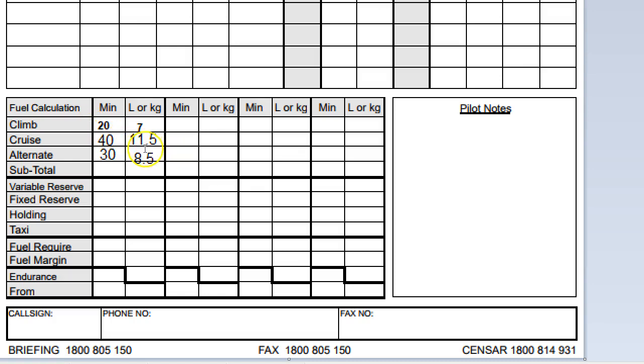So our subtotal is going to be, what's that going to be? 1 hour 30, so that's going to be 90 minutes. Is that right? 60, yep, 90 minutes. And then over here, 0.5 and 0.5 is 1, and that makes it 12, 20, 27. I'm just cross-checking. I can do that quicker in my head, but I'm cross-checking.